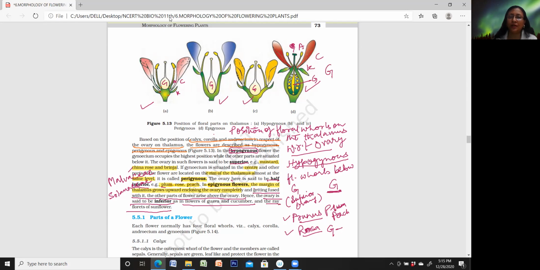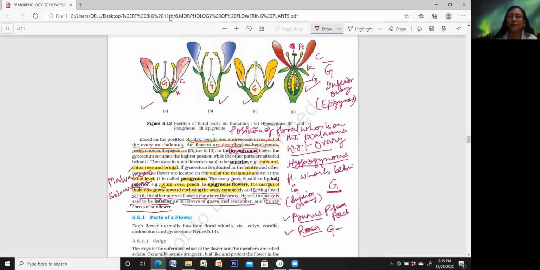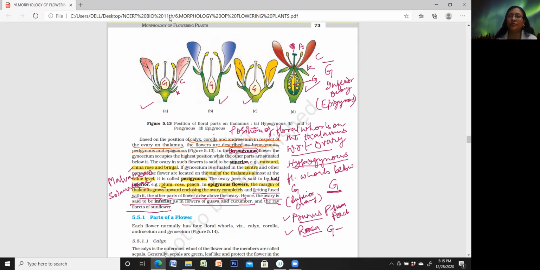G is inferior, and how do you show it? You will show it like this. This is the inferior ovary symbol. Inferior ovary is the same as saying epigynous. As the name suggests, epi means above, gynous means gynoecium. So all the floral whorls are above the gynoecium. So where is the ovary? Inferior. Inferior ovary.